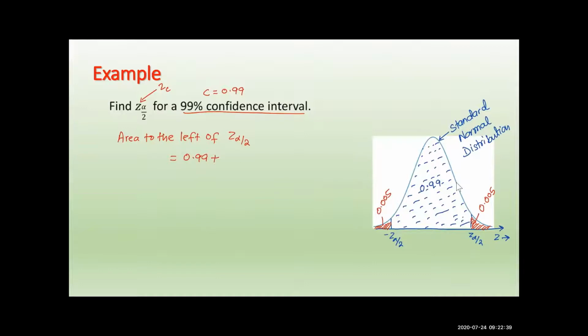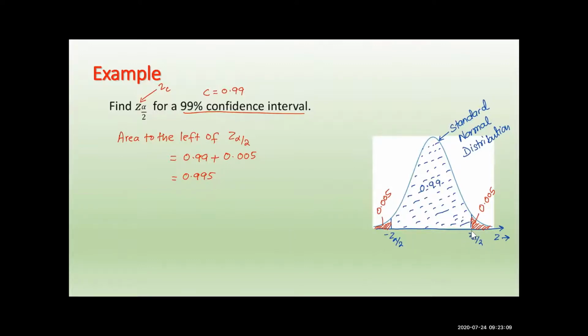When you are adding this area here, which is plus 0.005, you can add this using a calculator. 0.99 plus 0.005. That is 0.995. Because the area to the left of z alpha over 2 is 99.5% area. That's why it is 0.995.